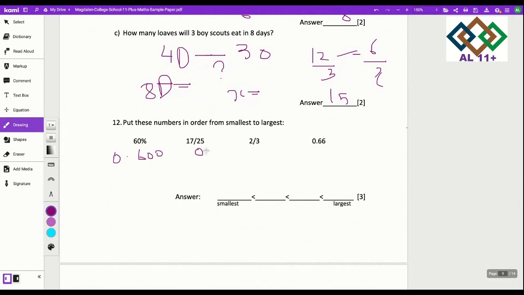This would be 0.680. 8 over 3 would be 0.666. Now you can come to know which one is the smallest. 60% is the smallest. And then you have 0.66. Then you'll have 2/3. And then 17 over 25.